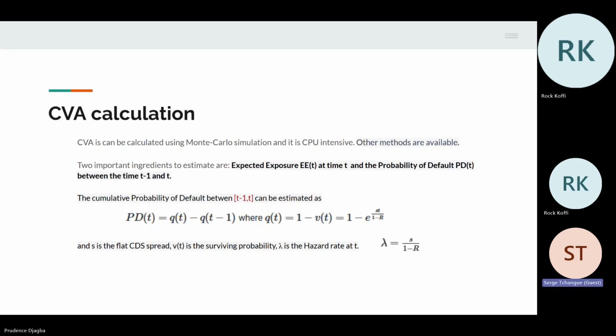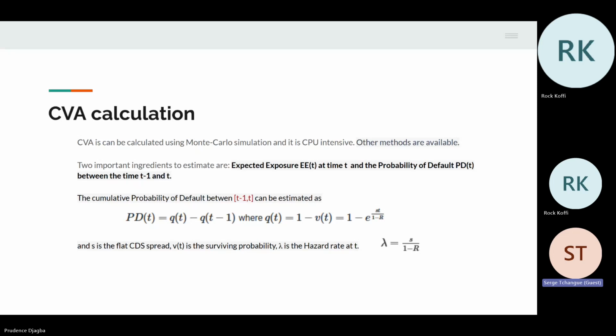But that is only for half of the counterparties usually. The other half will not have a CDS curve, maybe because those companies are not that big, or they don't do that much business. To have a CDS curve, you need to issue bonds. Many companies have a CDS curve because they are issuing bonds. But if you're a company that doesn't issue bonds, it's very unlikely that you have a CDS curve.